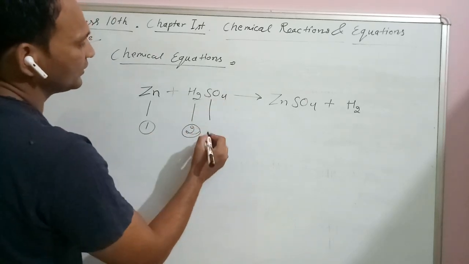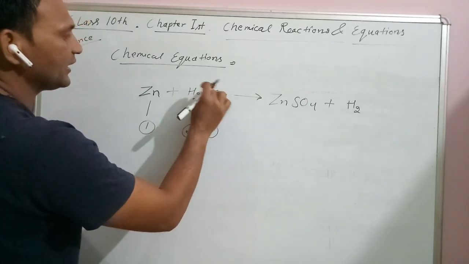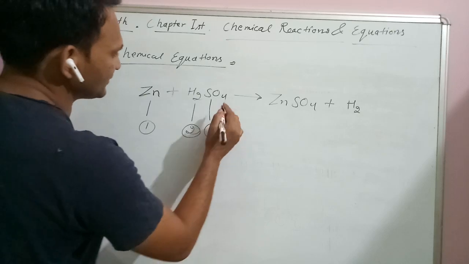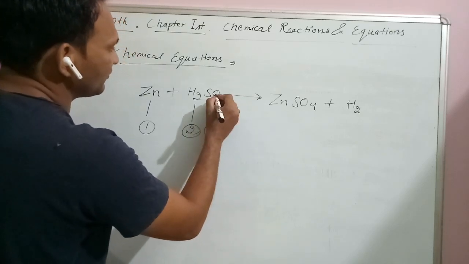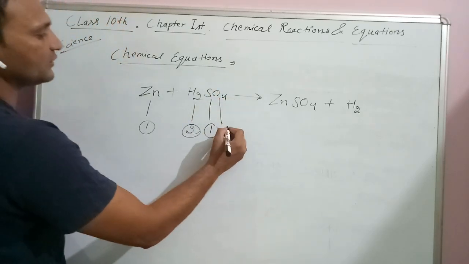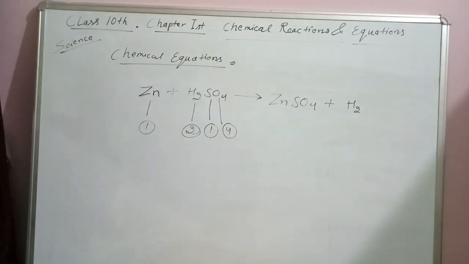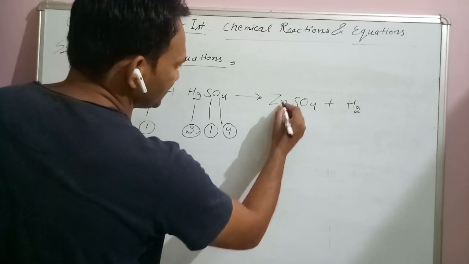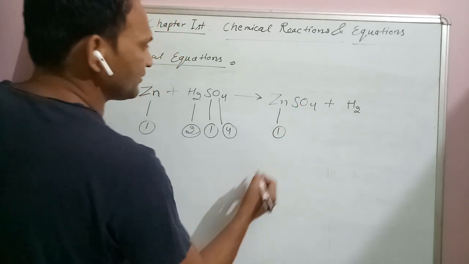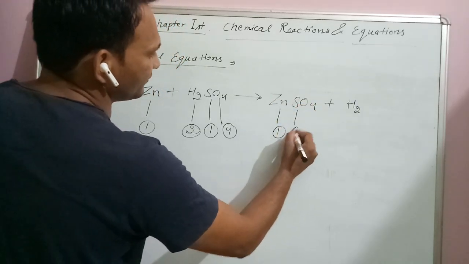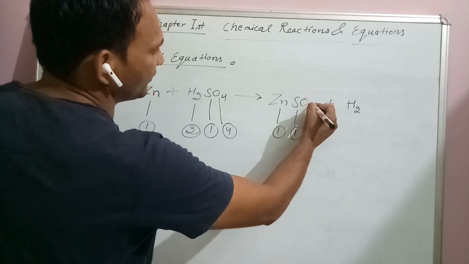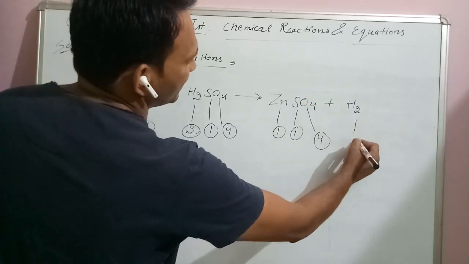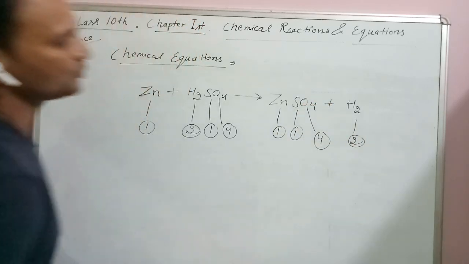Sulfur, one sulfur, and 4 is written after oxygen, so 4 atoms of oxygen. In the product side, the same: zinc 1, sulfur 1, oxygen 4, and hydrogen 2.